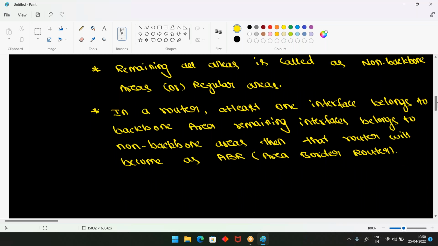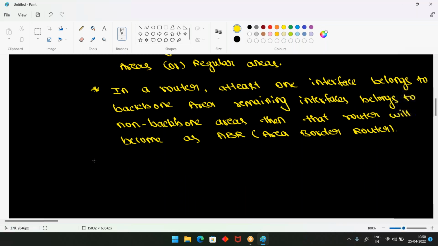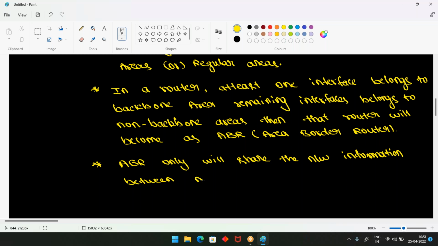One more point here now. Between multiple areas, only the ABR will share the networks information between multiple areas.